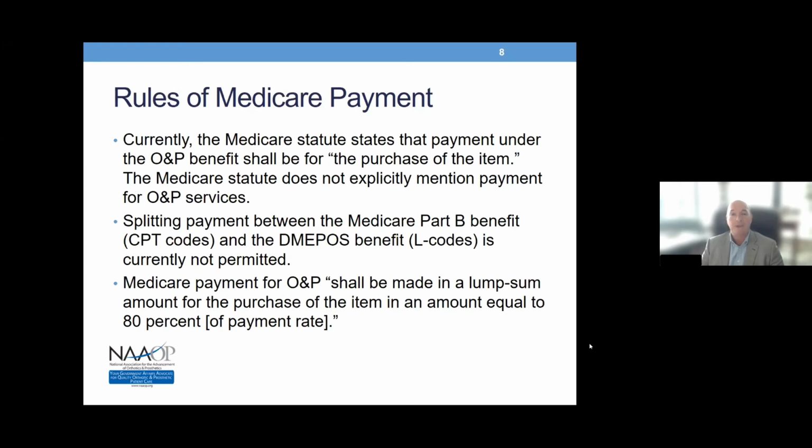That lump sum differs from durable medical equipment, which is often reimbursed on a rental basis over a 13-month period. And it makes sense that you would pay in a lump sum because these are highly customized, individually configured prostheses and orthoses for one individual. They're not really subject to a rental model.